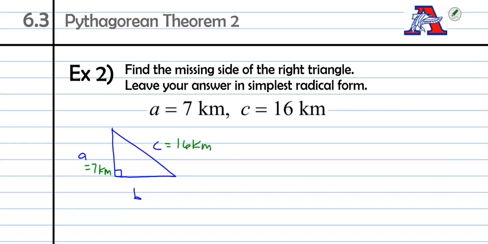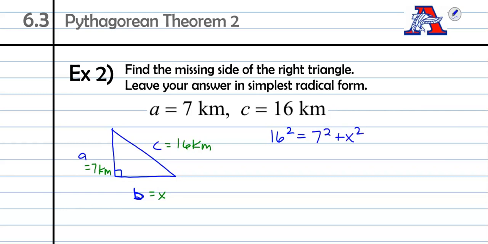We're looking for B, so we could call it X or just leave it as B. It really doesn't matter, but since we've been using X, I'll leave it like that. Once again, Pythagorean theorem: c squared equals a squared plus b squared. So 16 squared equals 7 squared plus x squared.